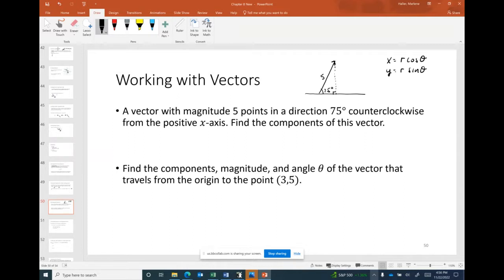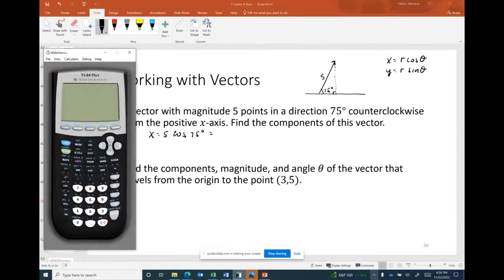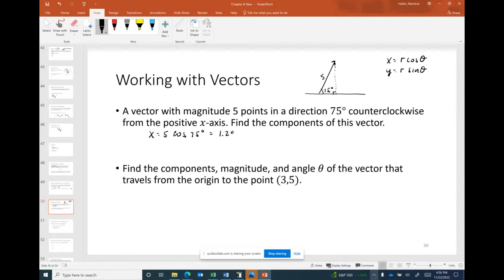All right, so let's find the components. The x component: r, that's 5, times the cosine of theta. Theta is 75 degrees. Now let's see what that value is. 5 cosine 75, and it's 1.2941. I am still in degree mode. Okay, 1.2941. All right, let's find the vertical component then.